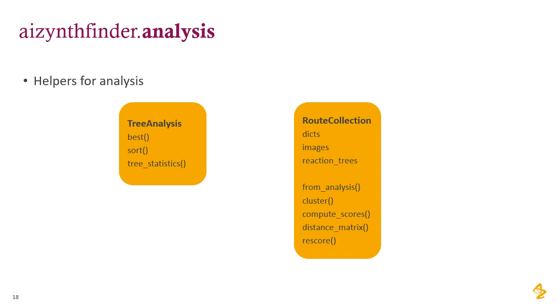And it can also extract statistics about the search tree. Then we have the route collection, which is a container of synthetic routes and associated structures like images and dictionaries. And you can use this collection to perform various analyses of the routes, like computing scores or clustering the routes.